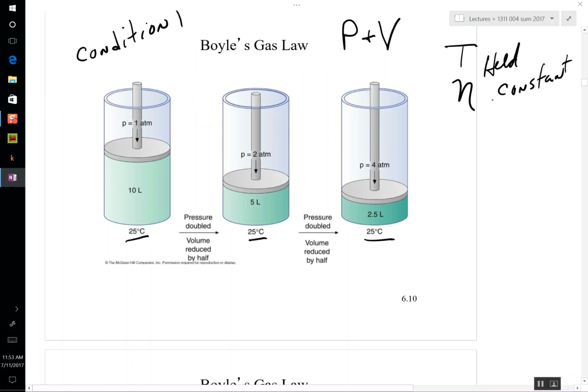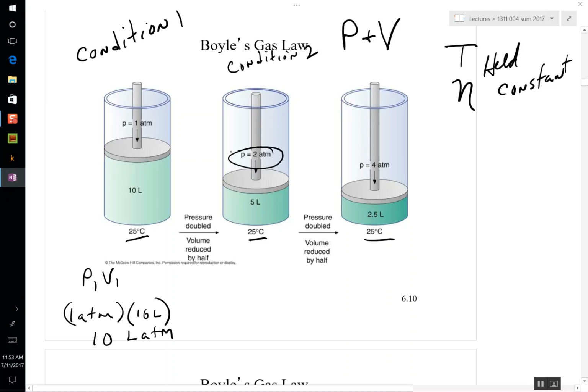Condition 1. So what is P1 times V1? It is 1 atmosphere times 10 liters. It is 10 liter atmospheres. Then he moves on to condition 2. He makes a change. What does he change? Pressure.